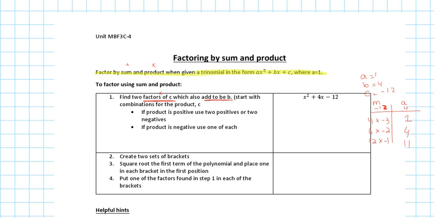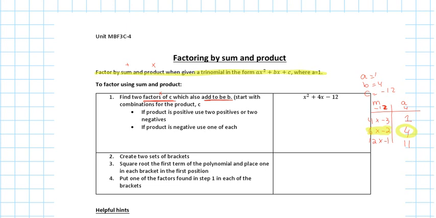So which two numbers multiply to negative 12 and add to 4? 6 and negative 2. So I found my factors, because that's what adds to 4. The other two options I can't use because they do not add to 4.